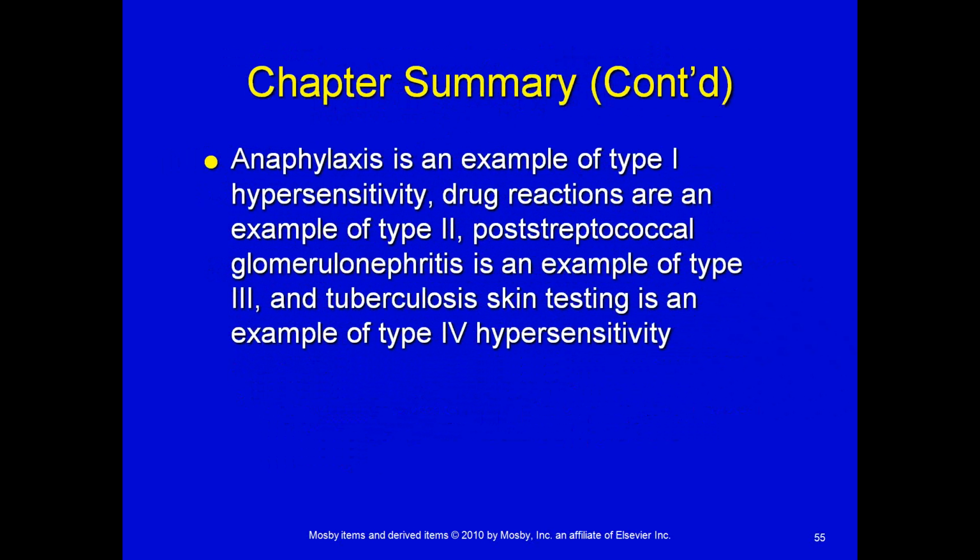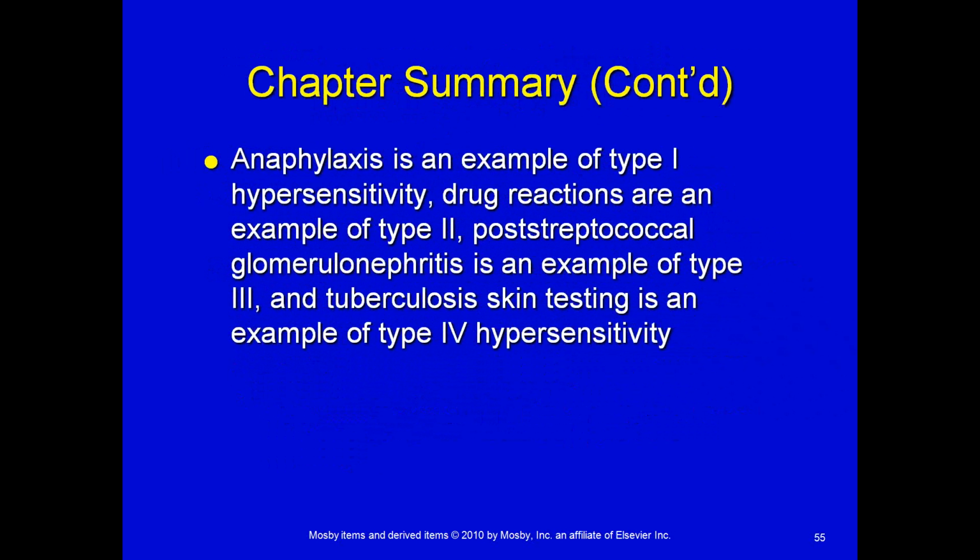We talked about anaphylaxis as being an example of a type 1 hypersensitivity reaction, and drug reactions are an example of type 2. So things like angioedema caused by taking a new medication for the first time would be considered a type 2.